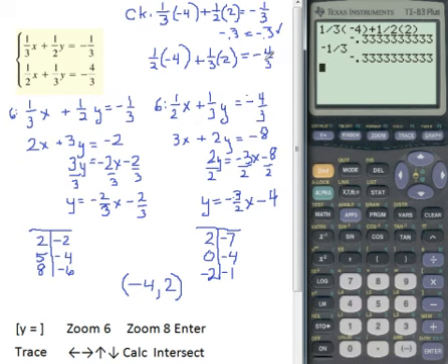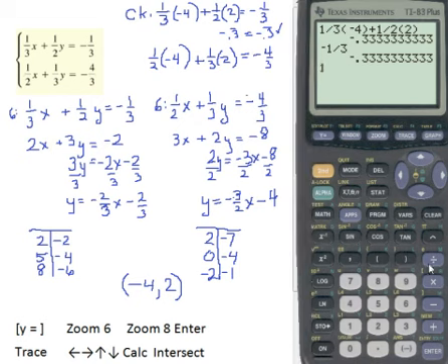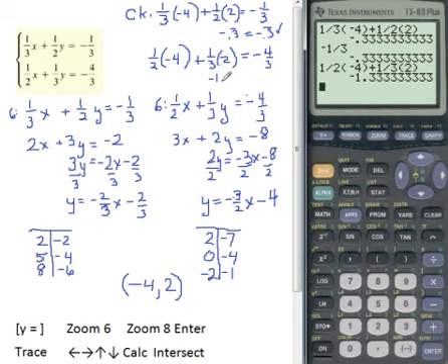So we'll go 1/2, 1 divided by 2, parentheses, negative 4, close parentheses, plus 1/3, open parentheses, 2, enter, and we get negative 1.33333, so I'll just put negative 1.3 and a bar over the 3's.